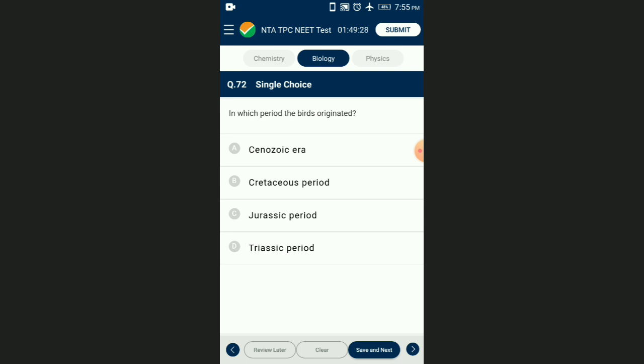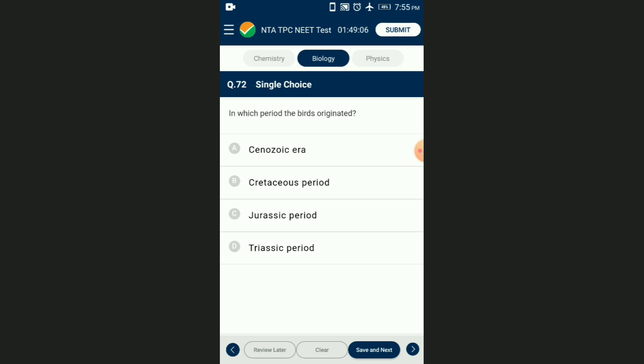Question number 72. In which period did birds originate? Long before the dinosaurs' demise, modern birds originated 100 million years ago. Studies have shown discrepancies between the results from fossils and genetic analysis.